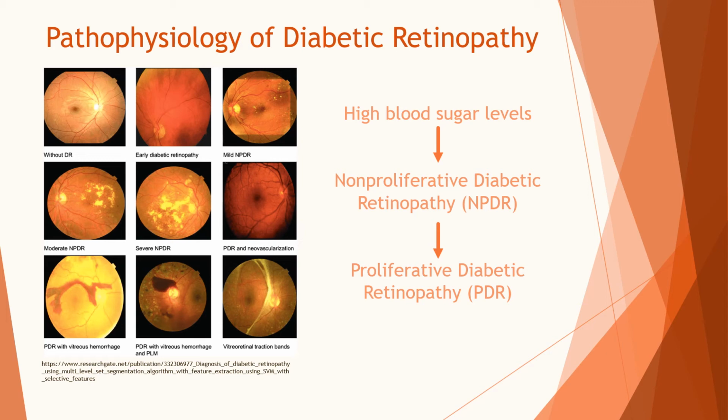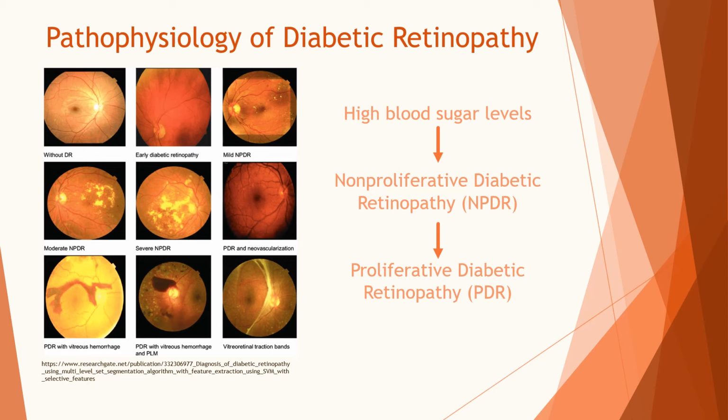So, the high blood sugar levels in diabetes presentation can lead to non-proliferative diabetic retinopathy. In this stage, there are simple leakage and hemorrhages as well as microaneurysms.